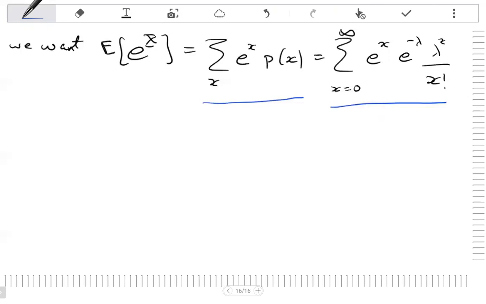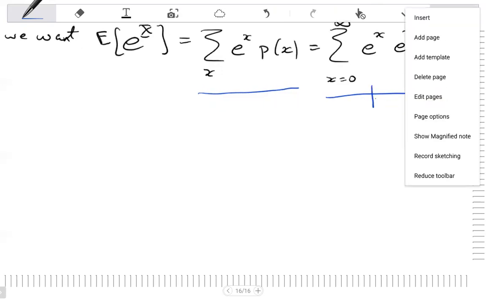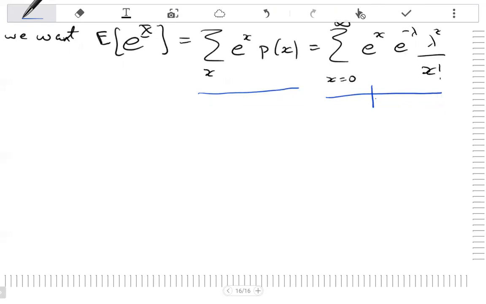Notice here that we have e to the power x, and then we also have a lambda to the power x. The product of two things to the power x, we can just multiply the two together. So that's e times lambda to the power x, again divided by x factorial, and the sum goes from 0 to infinity.